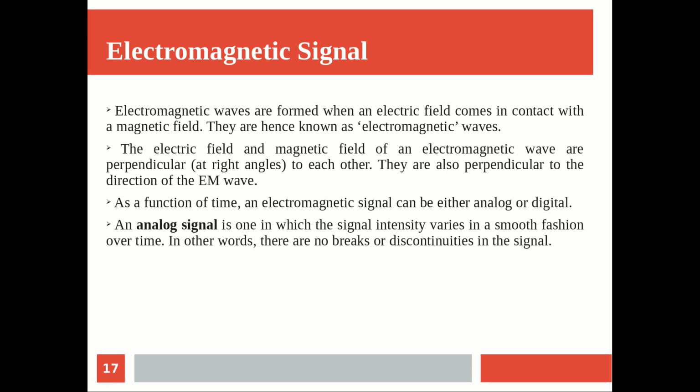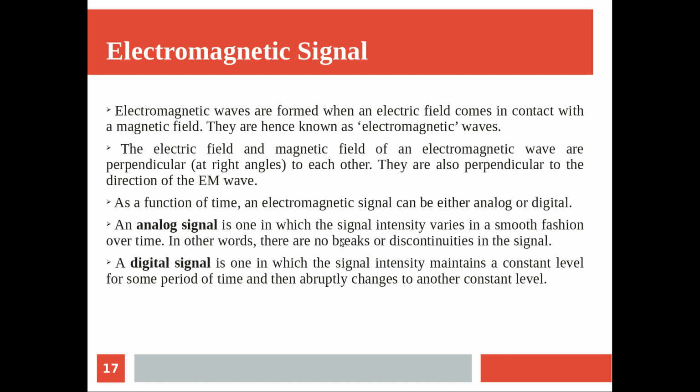In other words, there are no breaks or discontinuities in the signal. So, it is a continuous signal. The signal intensity is nothing but the amplitude, a term we will see, and it is varying in a smooth continuous manner. There are no discontinuities or breaks. It is moving in a smooth way.